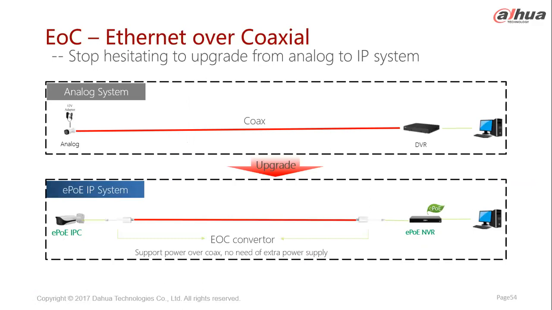Then Ethernet over coaxial. At times you might have a system where a customer installed analog cameras, and you don't want to unplug those cables. You find those cables were installed in such a way that you can't remove them. In terms of budget saving, you can upgrade and use those coaxial cables as your Ethernet cables and use an IP camera.